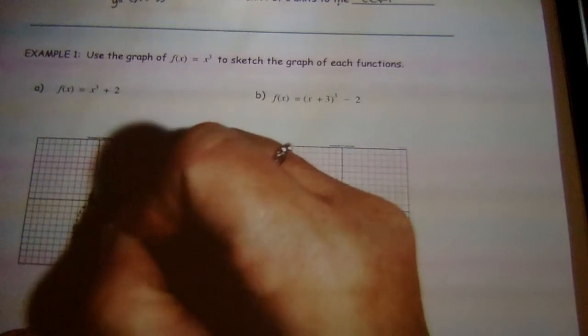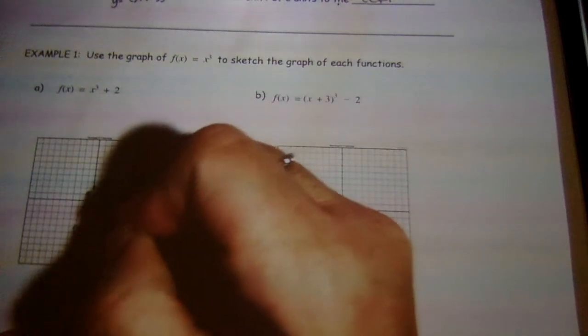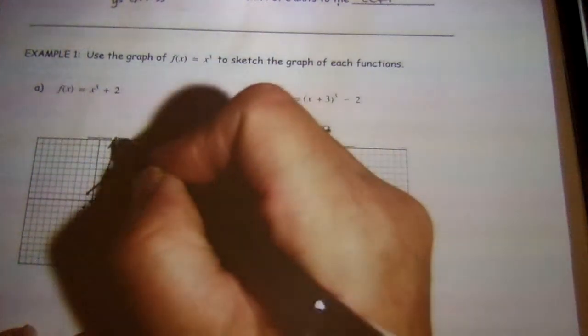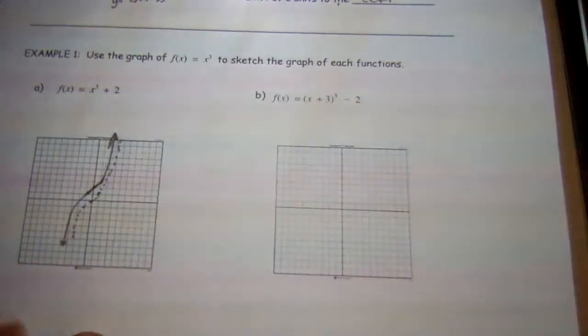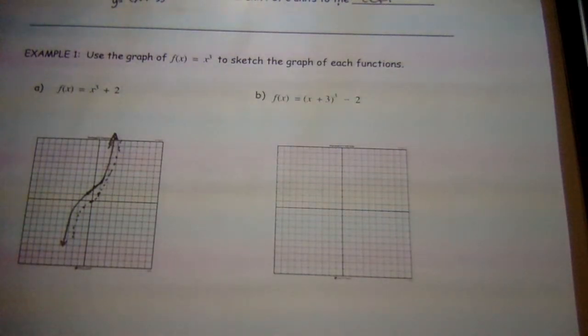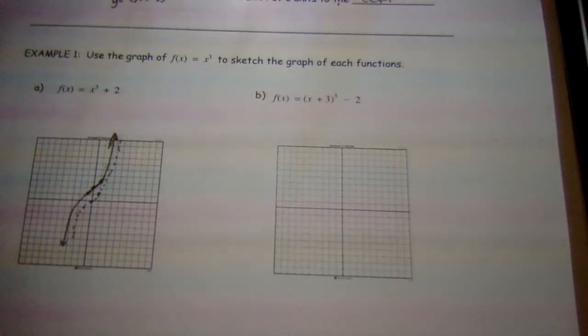So each one of these points is going to be moved up 2. What you can do is move the vertex, or that middle point that was on the origin, up 2, and then from that point you graph like you would normally graph. Over 1, up 1, to the left 1, down 1, and then sketch it.